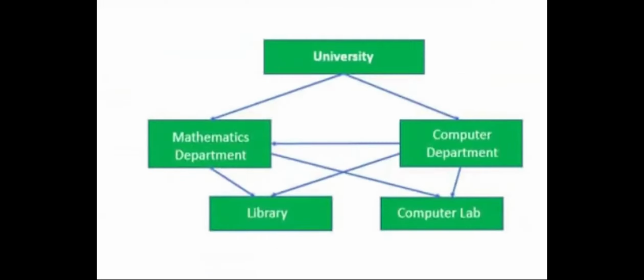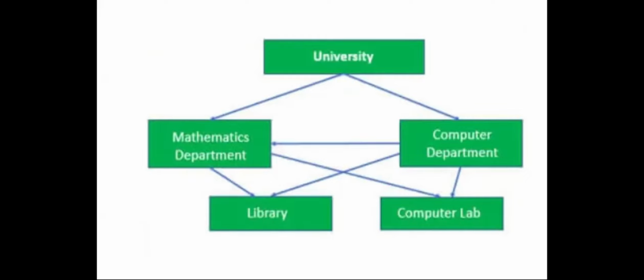So this is an example of the network model. Network model uses a graph structure where data is represented as nodes and relationships as edges, allowing many-to-many connections. The network data model is not entirely obsolete, like hierarchical data model, but its use has significantly declined in favor of many modern database models like relational model and NoSQL databases.